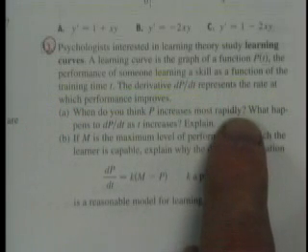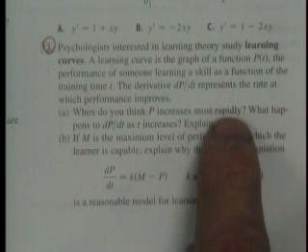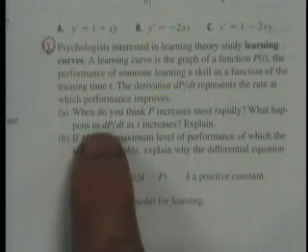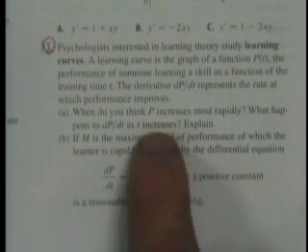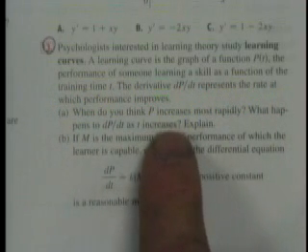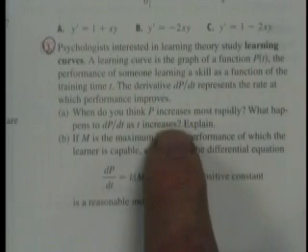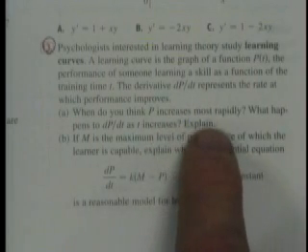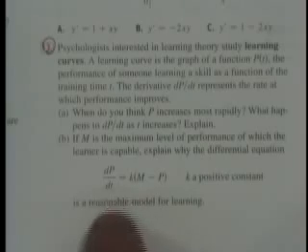Probably initially. When they're totally unskilled and they're just trying to learn, it should be the steepest. What happens to dP/dt as t increases? It kind of levels off. You get to be where you're as good as you're pretty much going to be, and you're supposed to explain, if M is the maximum level of performance at which the learner is capable, why the differential equation is reasonable.